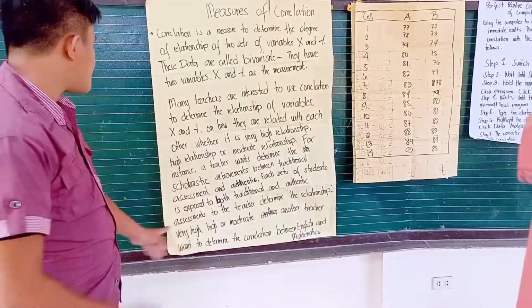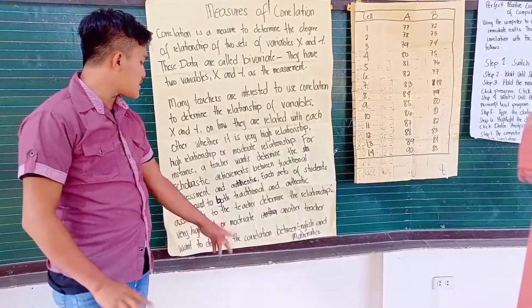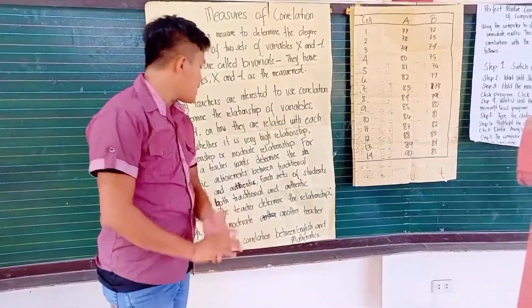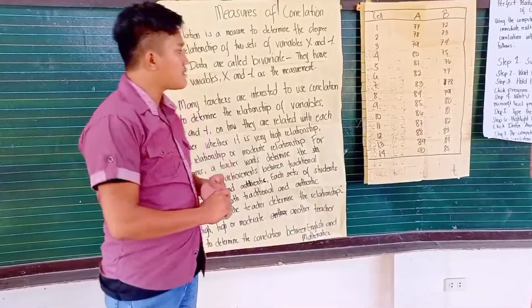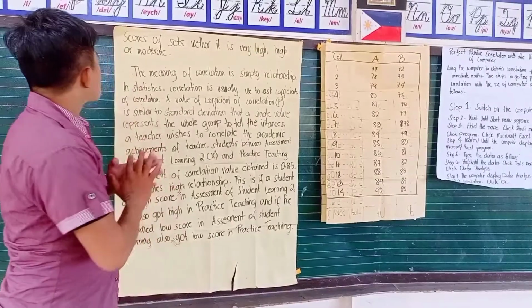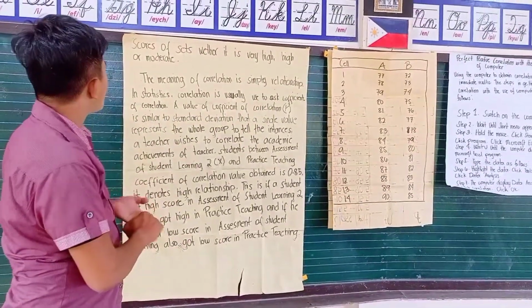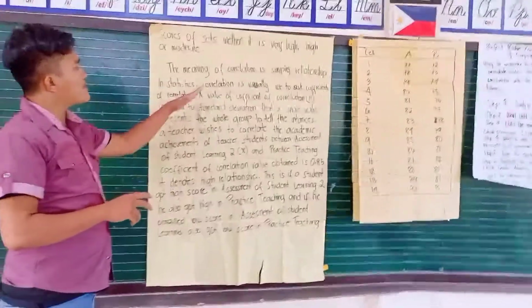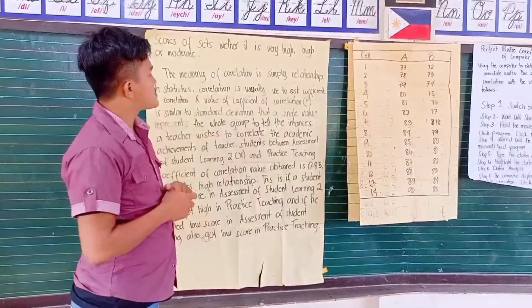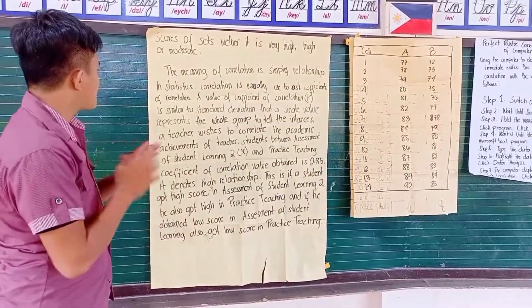Another teacher wants to determine the correlation between English and mathematics scores of sets, whether it is very high or moderate. The meaning of correlation is simply relationship.